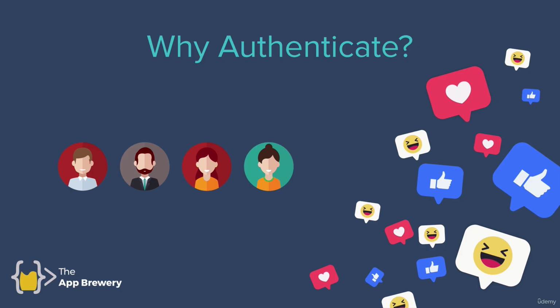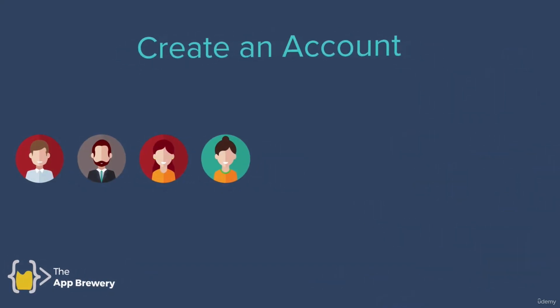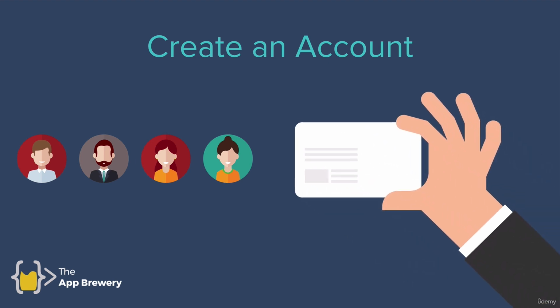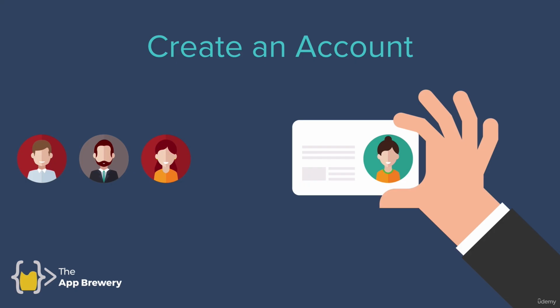In order to associate those pieces of data with individual users, we need to create an account for each user. So they would sign up to our website using a username and a password, and we would essentially create kind of like an ID card for them to uniquely identify them on our database and to save all of the data that they generate onto that account.